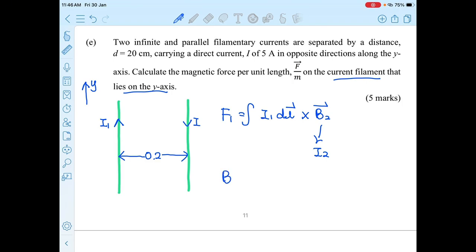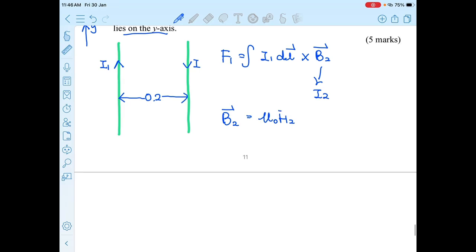Okay, so B2 is equal to mu naught H2. Okay, so H2 is the magnetic field. So you can use Ampere's law to find the magnitude of the magnetic field. So it is I over 2 pi r and also phi.